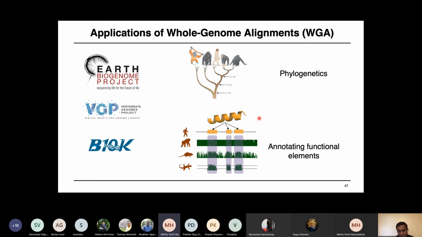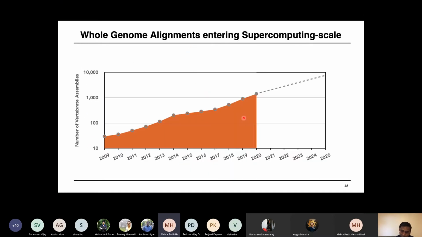For example, in this case, it's actually the protein coding gene, and all of this is achieved through this comparison, which is done with the help of whole genome alignments. And so that's something that the entire field of comparative genomics is relying on.